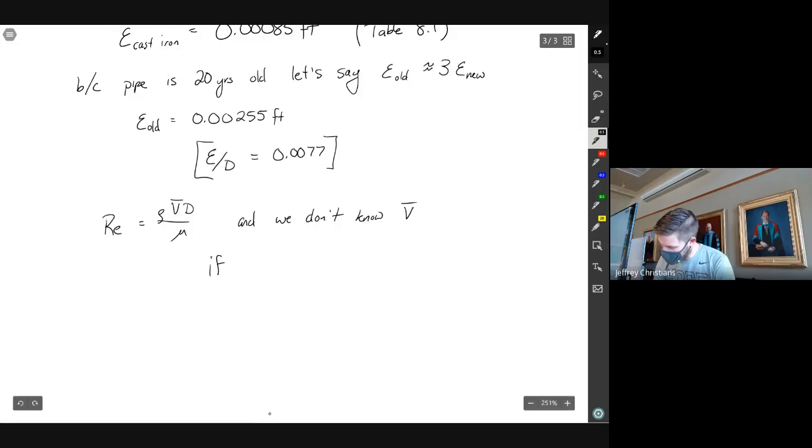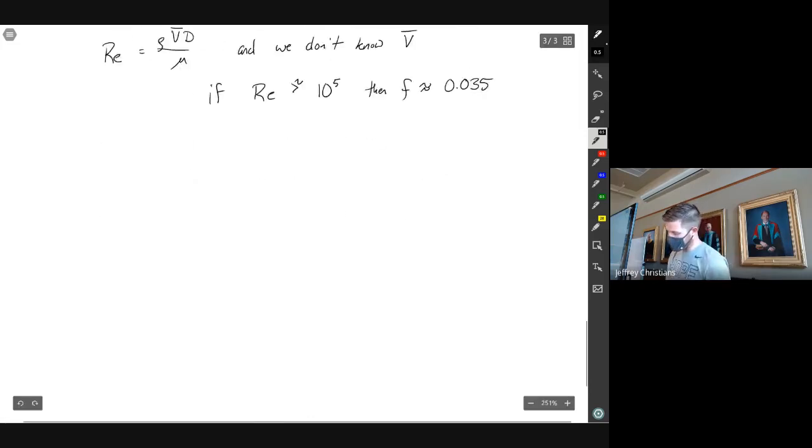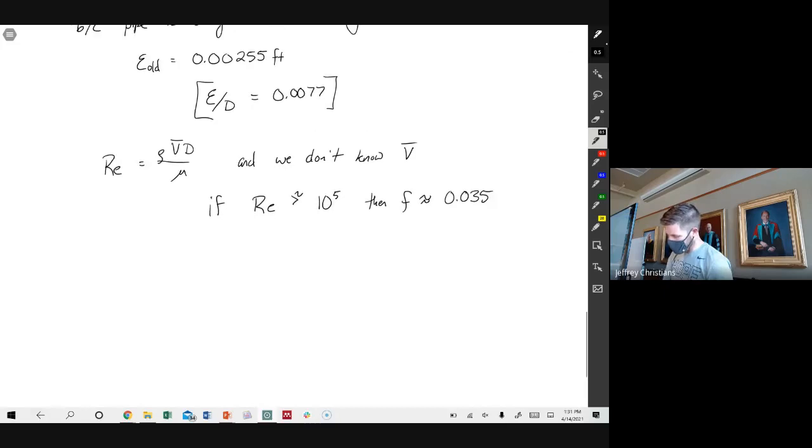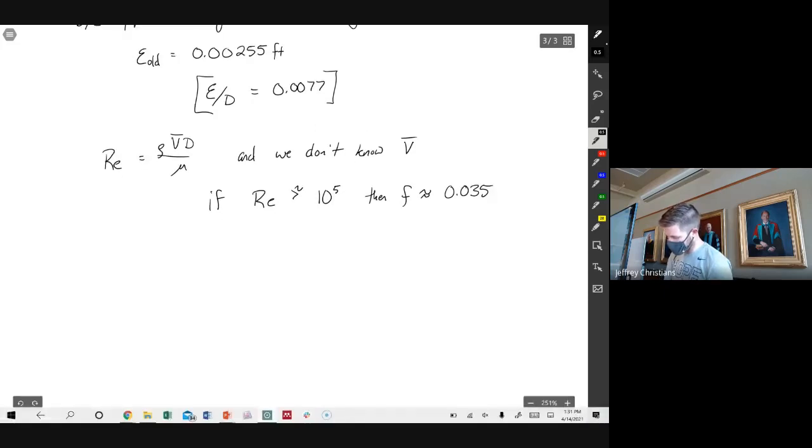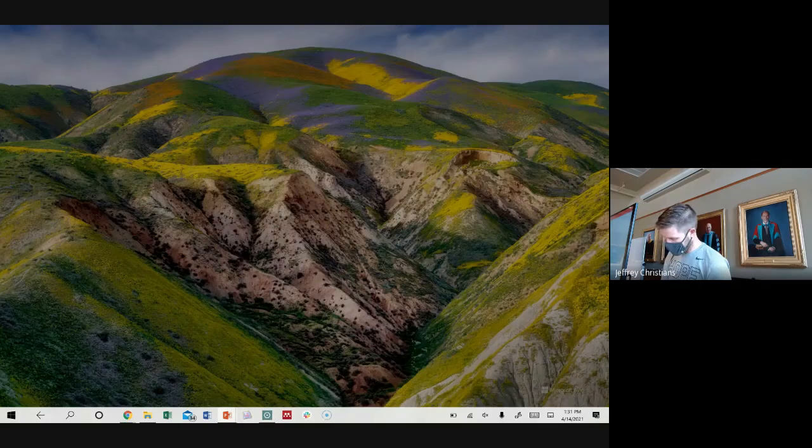For this problem, if the Reynolds number is greater than about 10 to the 5, then f is about equal to 0.035. I'll show you why in a second. Let's look at our chart.